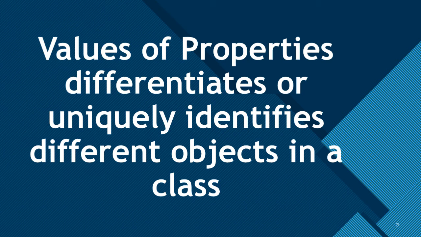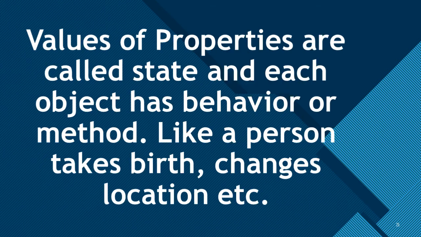Same way, when we give the value of birth date, that also can be different for each and every object. Then city, few objects are different from other objects in city, like that.